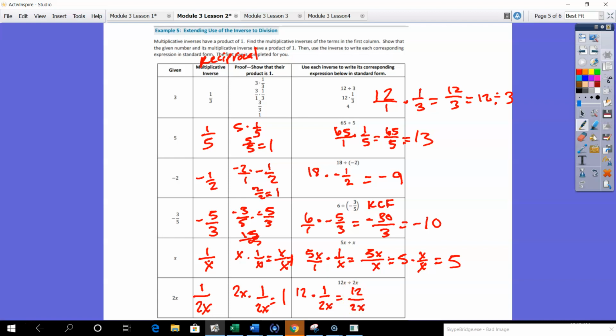Oh, this was 12x, sorry. Okay, so this is 12 over 2 times x over x. You are multiplying 12 times x and 2 times x. Okay, so this is equal to 1, and 12 divided by 2 is equal to 6.